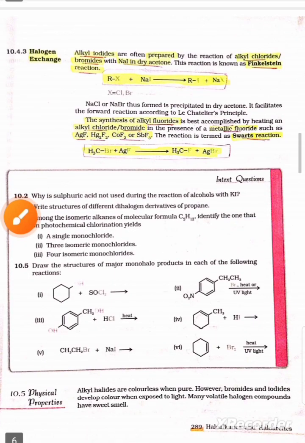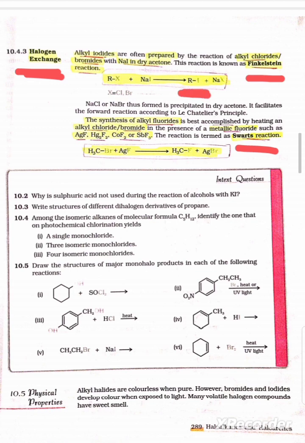In the coming page, we are going to learn about two halogen exchange reactions. One is Finkelstein and another one is Swarts reaction. In Finkelstein reaction, there is a preparation of alkyl iodide from alkyl chlorides or alkyl bromides with sodium iodide and dry acetone.